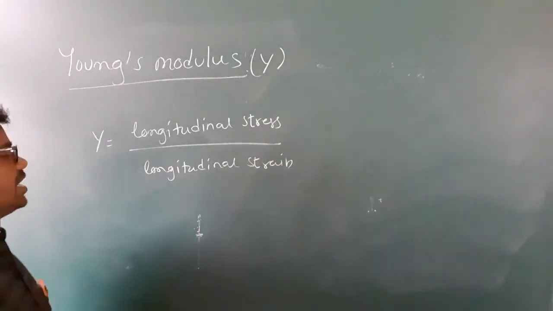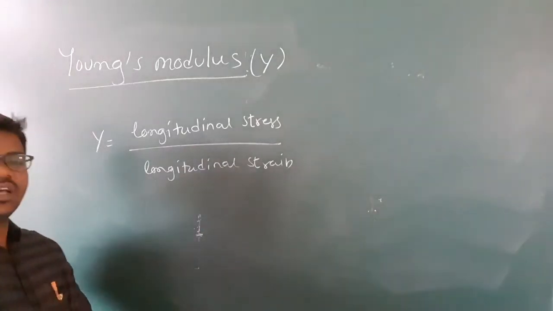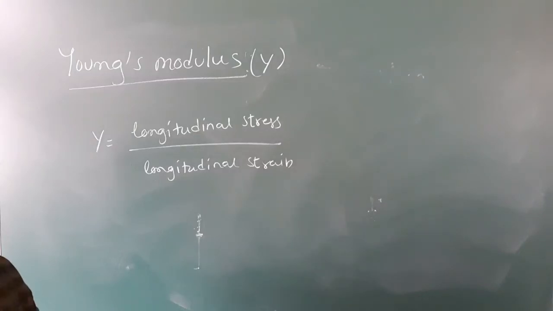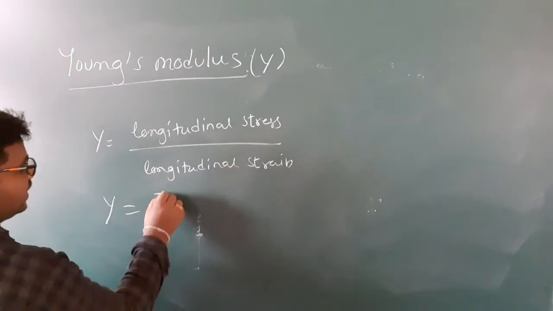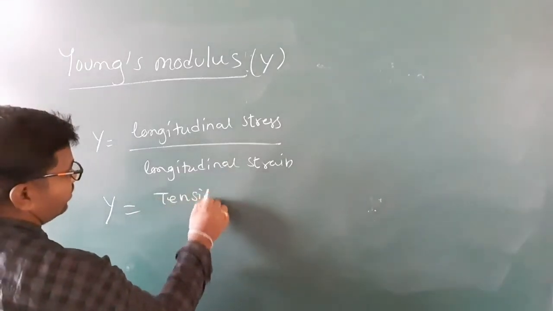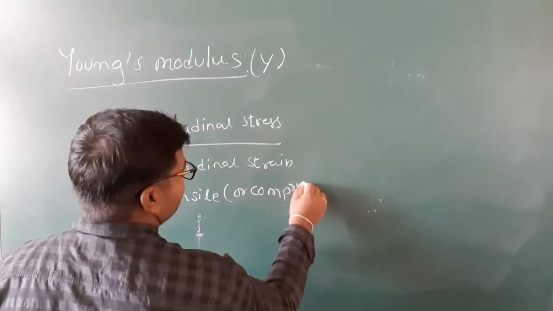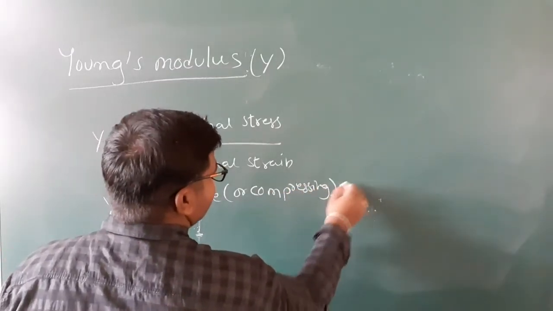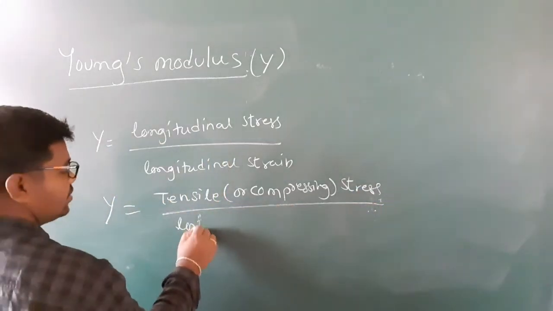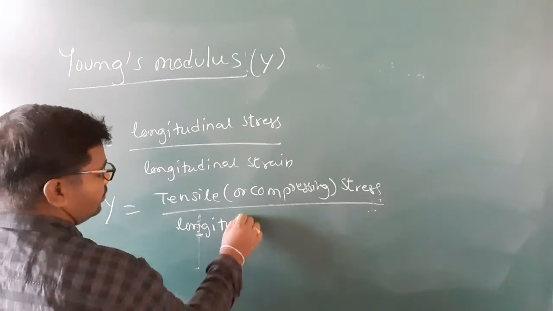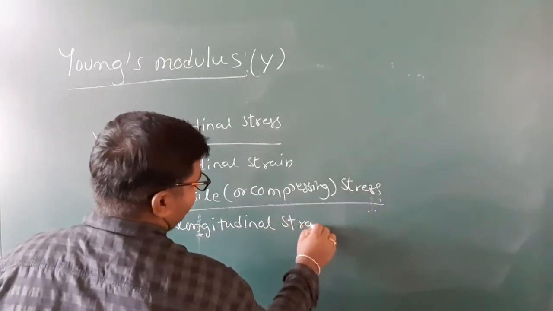Okay, so the Young's modulus, which is defined as longitudinal stress to the longitudinal strain. So we can say that it is tensile or compressing stress divided by longitudinal strain.